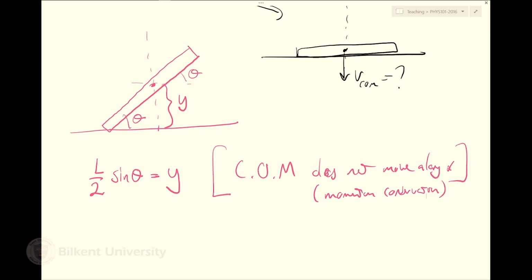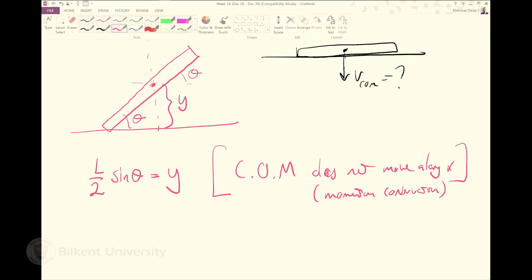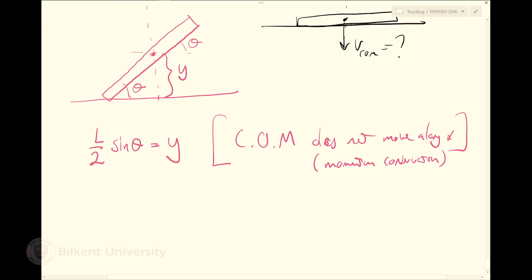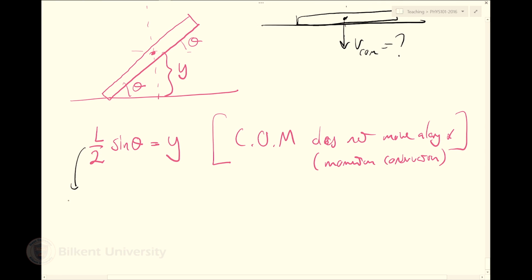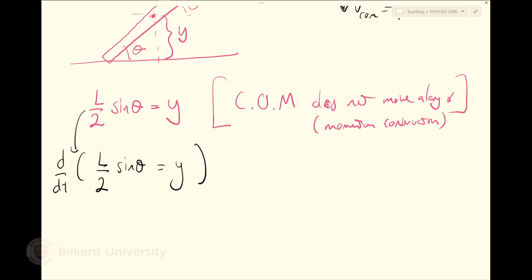It helps me with the following. If I take a time derivative of this expression, d by dt of sine theta: L over 2 is a constant. The derivative of sine theta is cosine theta, but I need to use the chain rule.